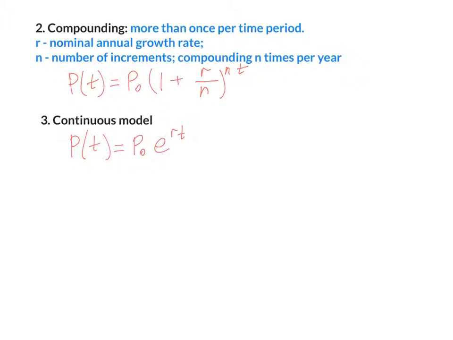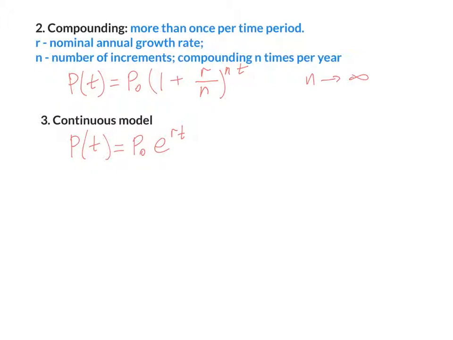In fact, it will reach a certain equilibrium. In fact, when n approaches infinity, imagine that we can increment constantly, all the time, continuously, without stopping. Then this quantity will magically approach this quantity.